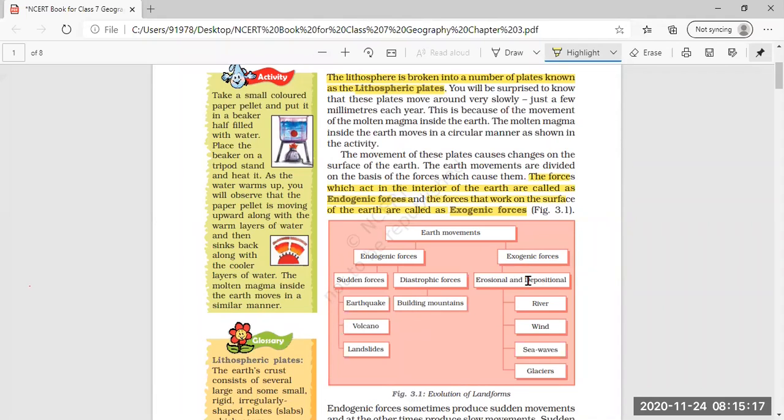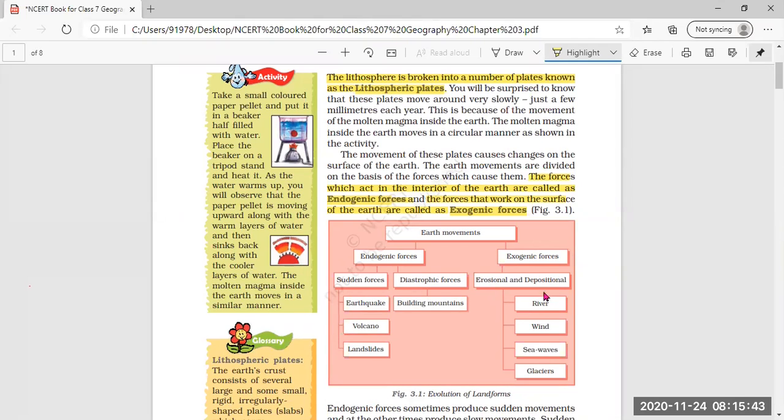Now the second type of force is exogenic force, the force that works on the surface of the earth. That is the erosional and depositional force. Erosional and depositional means these forces bring changes due to the work of wind and water.